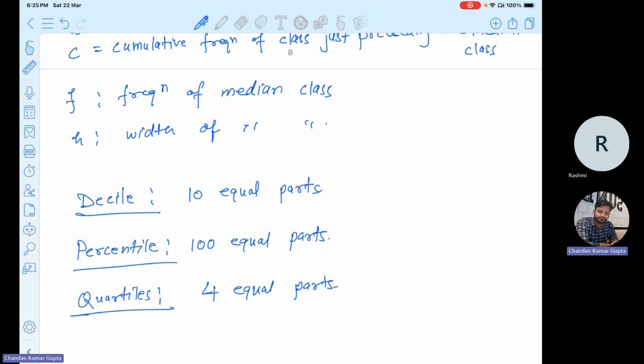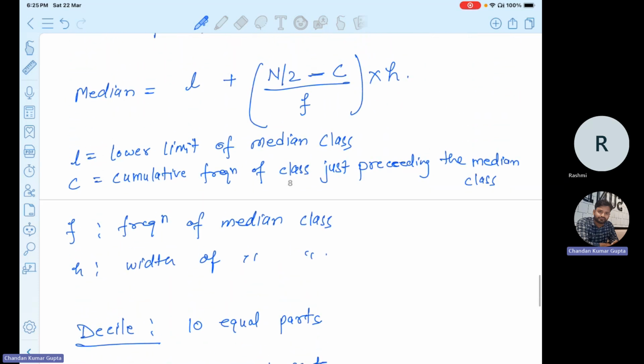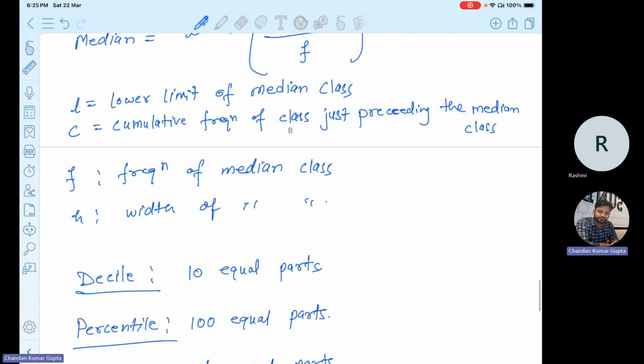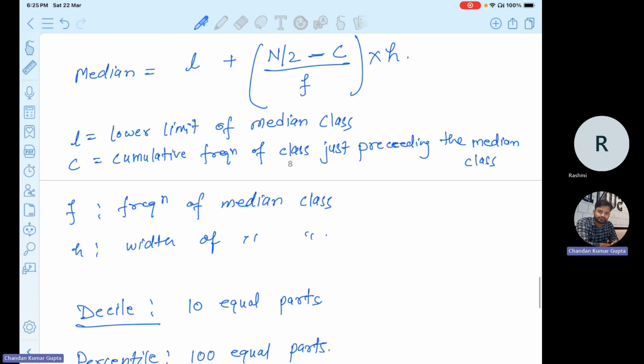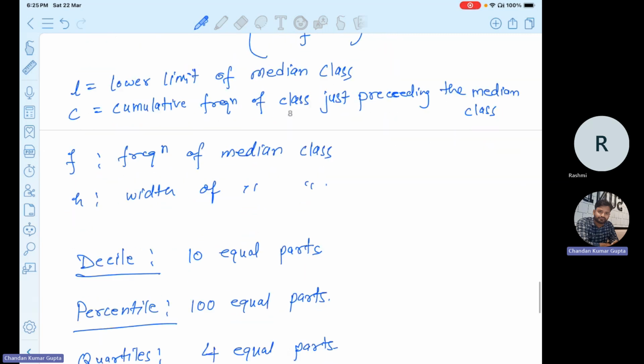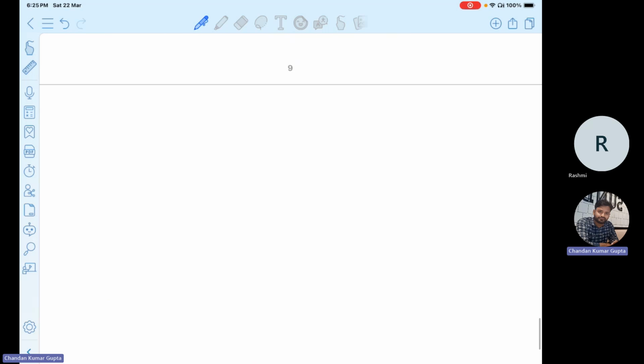For decile, we divide N by 10 and the similar median formula is used. Just we put the value i: i N divided by 10 if we are going to calculate decile, divided by 100 for percentile, and so on. Just a simple logic. So these are the median.